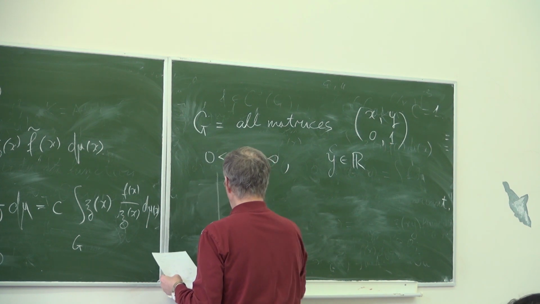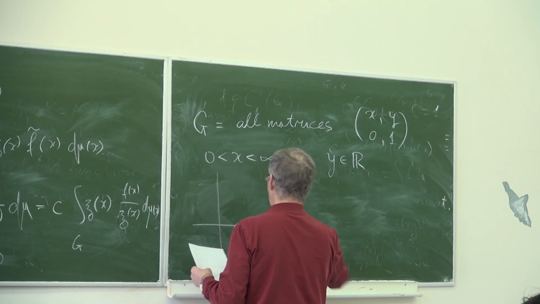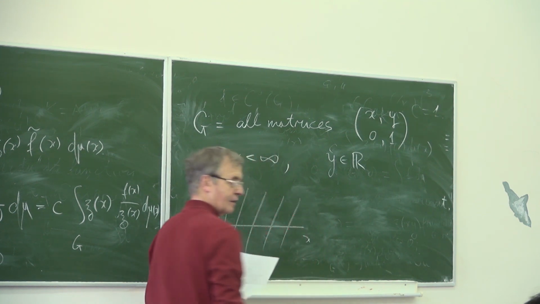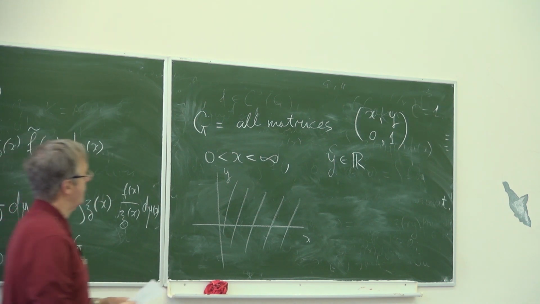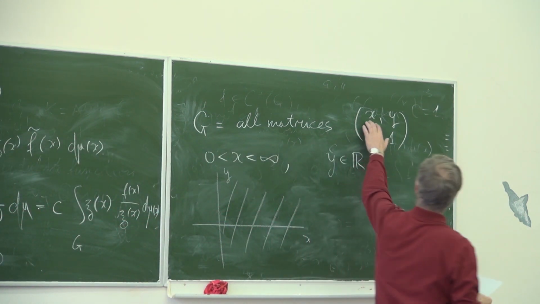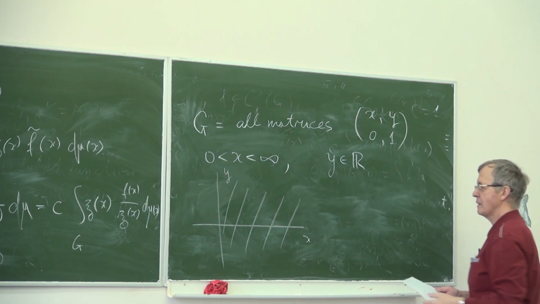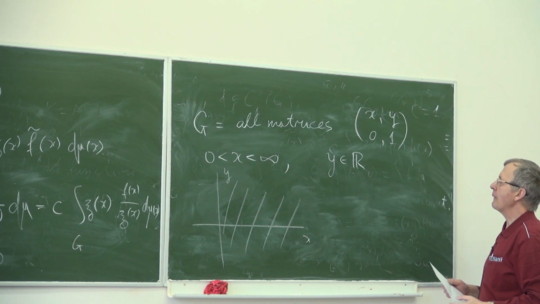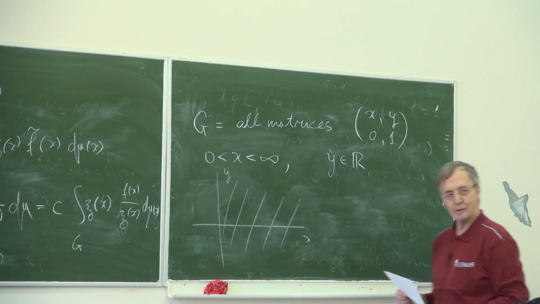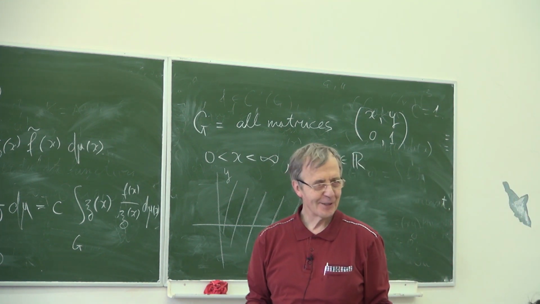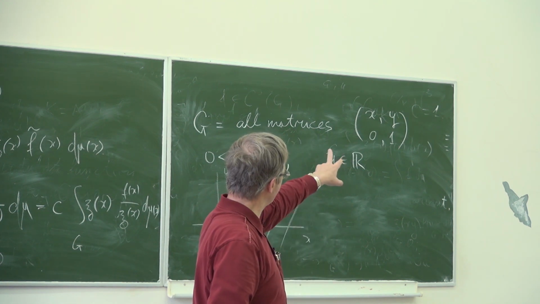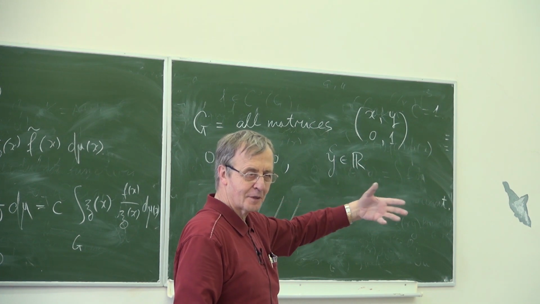Well, topologically, this is the right half plane, the open right half plane, if I view x and y as coordinates, and the set of these matrices forms a group. I don't want to check this, but to see that the product of two matrices of this sort is of the same sort is easy.